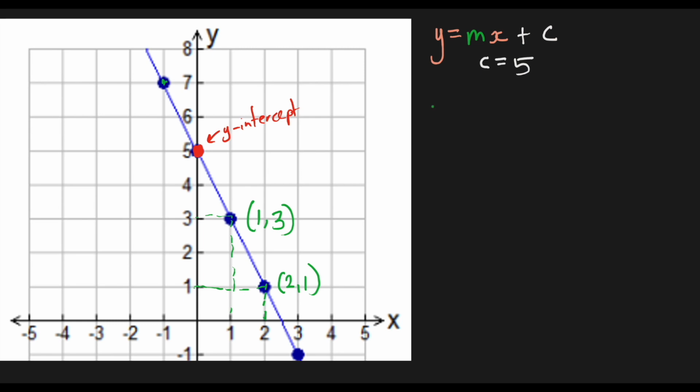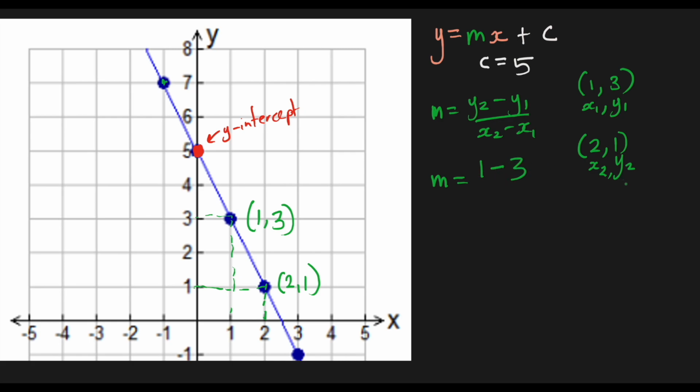So for the gradient, we say that the gradient is equal to y2 minus y1 over x2 minus x1. And if we were to call (1, 3) the x1, y1, and then we were to call (2, 1) x2, y2, we would literally have two coordinates and can use this formula. So we'll end up with m is equal to 1 take away 3.